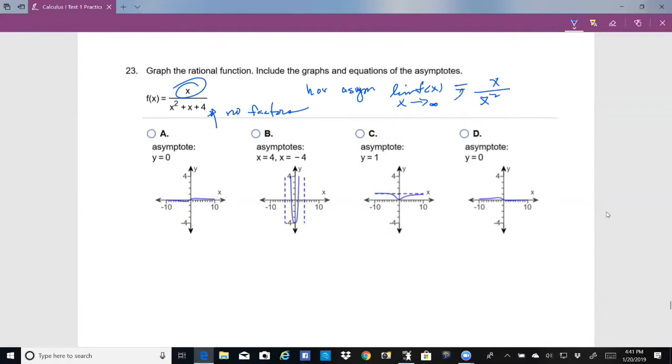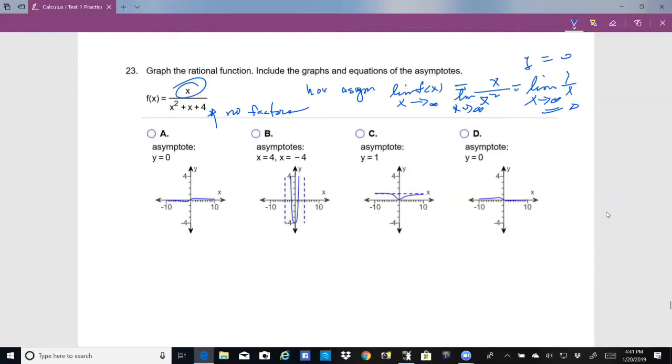So the limit as x approaches infinity of x over x squared is 1 over x, so it's the limit of 1 over x as x approaches infinity, which equals 0. So the horizontal asymptote is y equals 0.